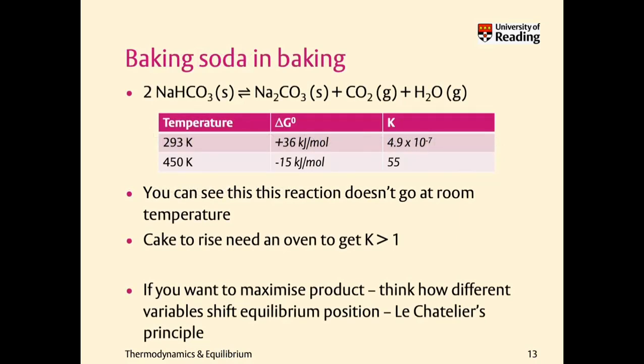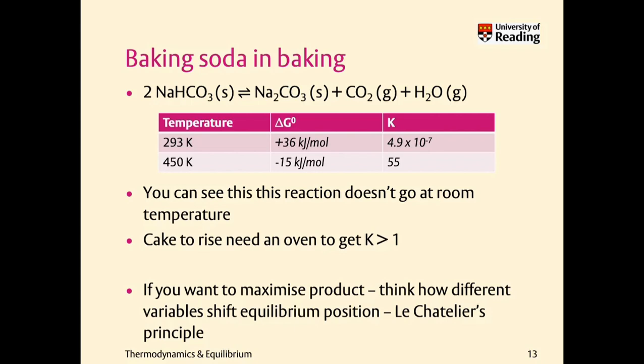What I'd like us to do now is to think about how experimental conditions can change things. So consider the use of baking soda in baking. This reaction is an equilibrium reaction, releasing carbon dioxide and water. However, at room temperature, the equilibrium constant is 10 to the minus 7.